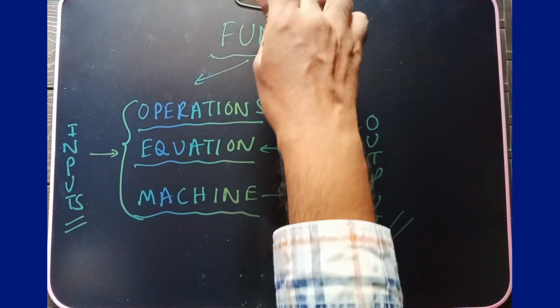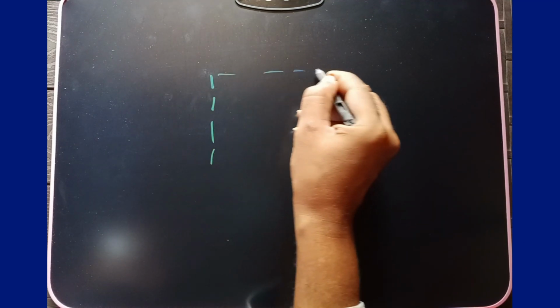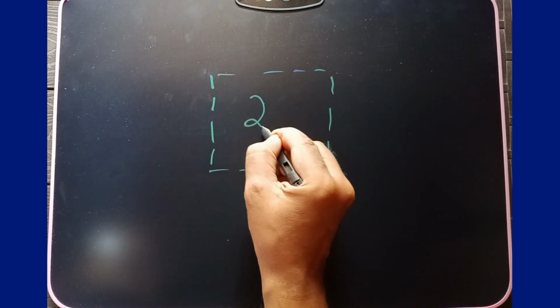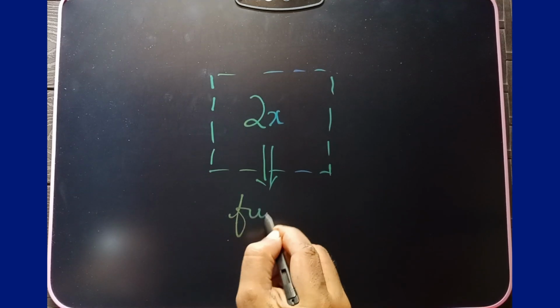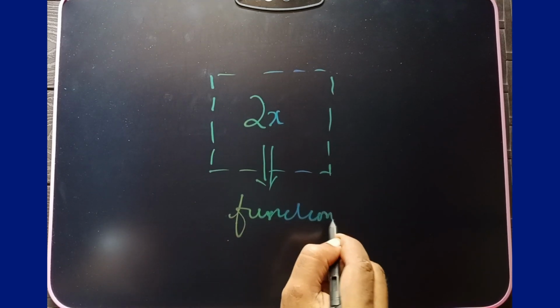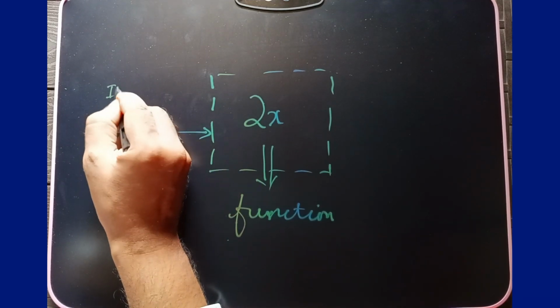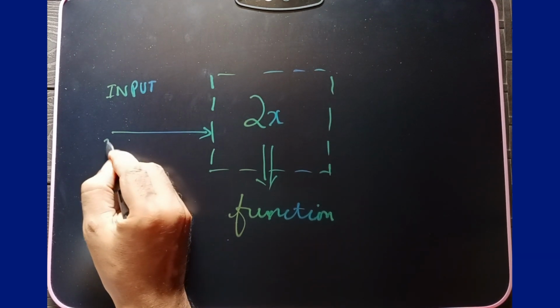For example, if you want a calculator which doubles your input, then you will have a machine here, and this machine is represented as 2x. This is a function. You give it an input, say 2.